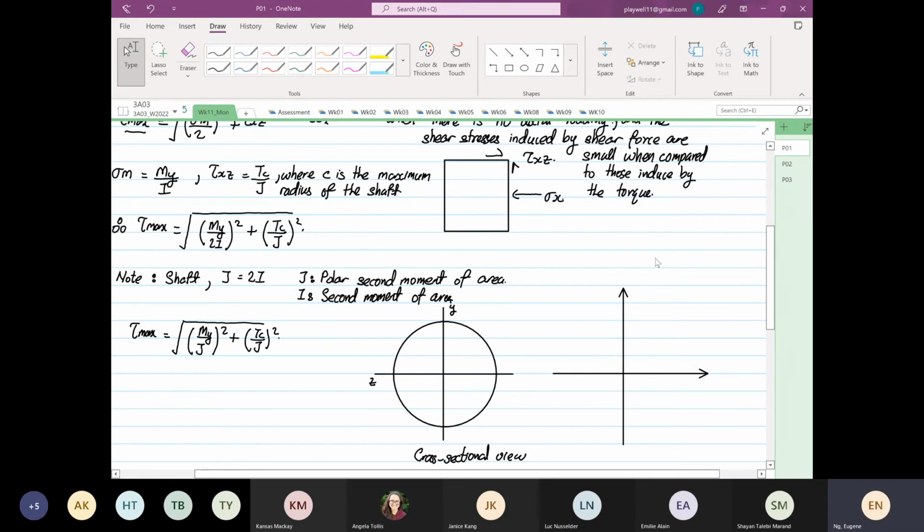Okay. So this is our normal stress, or it can be our shear stress. This can be our Y, or this can be our C. In terms of normal stress distribution, we get a profile something like this. This is just a sketch.